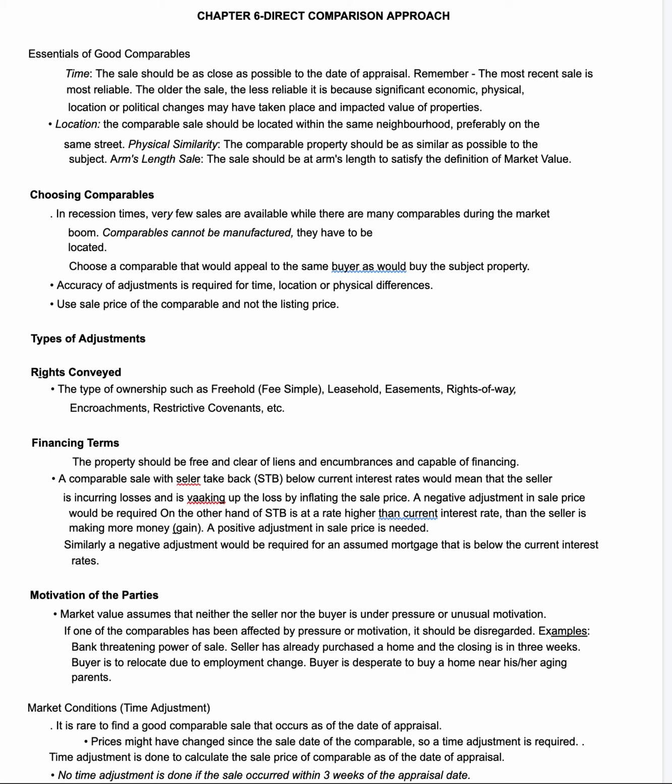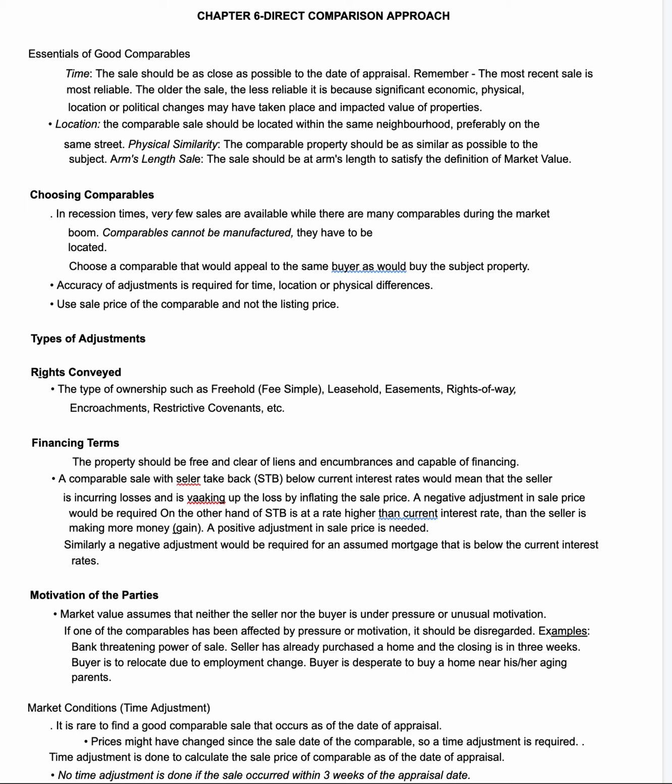Motivation of parties. In the valuation of a property for mortgage, consider market value. Standard market value assumes that there has been no unusual motivation or undue pressure on either party to the sale of the property. Clearly, all buyers and sellers must be motivated to a reasonable degree. Otherwise, there would not be any reason for them to engage in a real estate transaction.